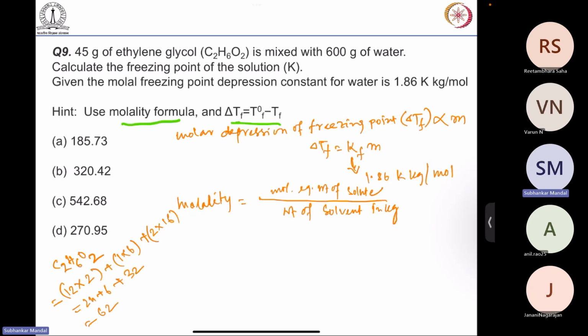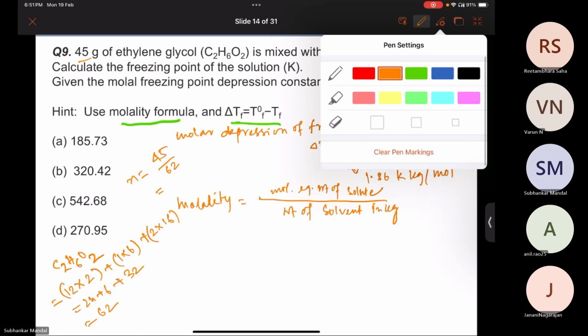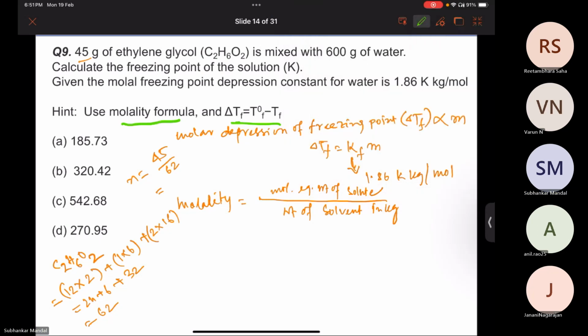Then it is given that 45 gram is dissolved. So n is equal to 45 divided by 62. How much will it be? 0.72 mole.